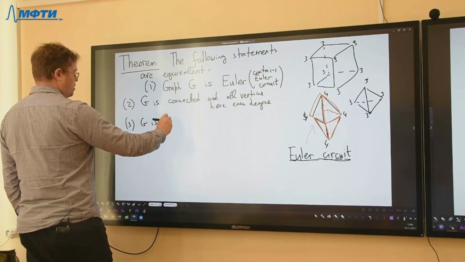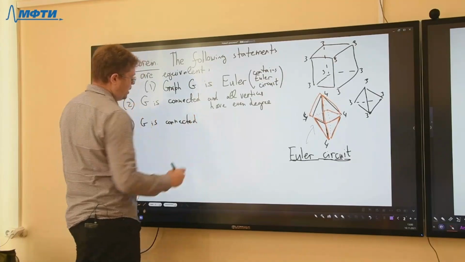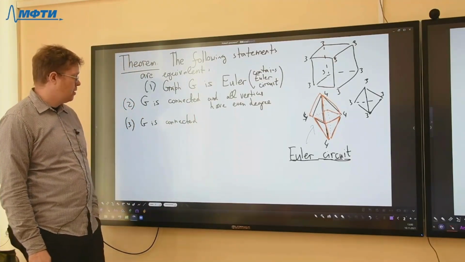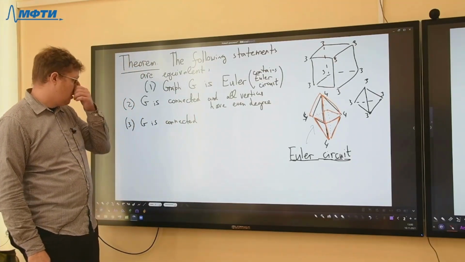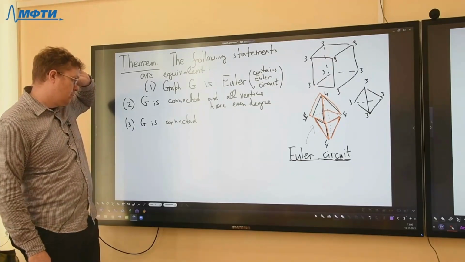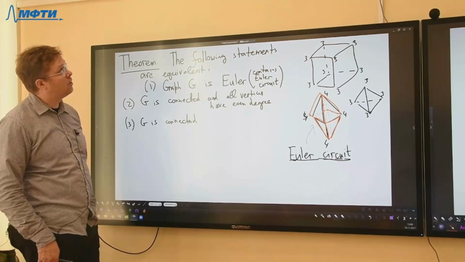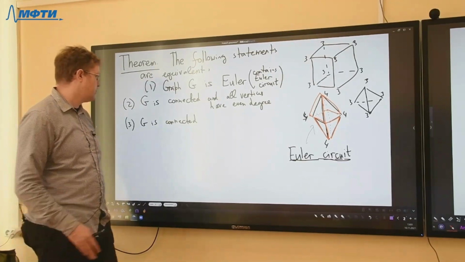And the third, that G is connected, and all edges can be covered by several disjoint cycles.